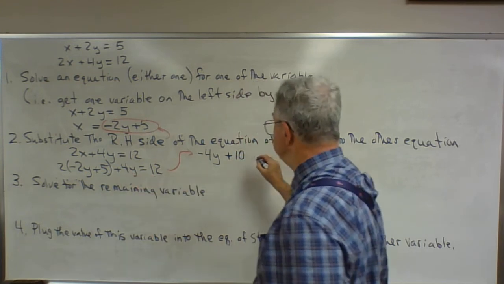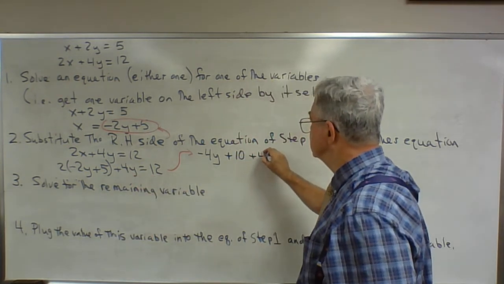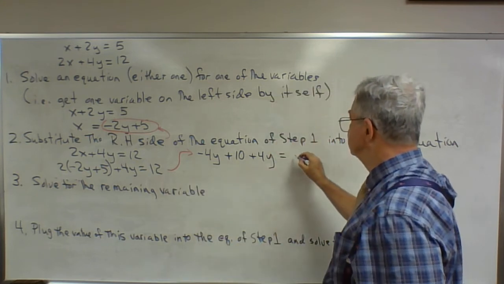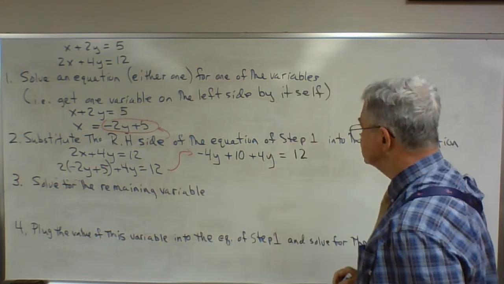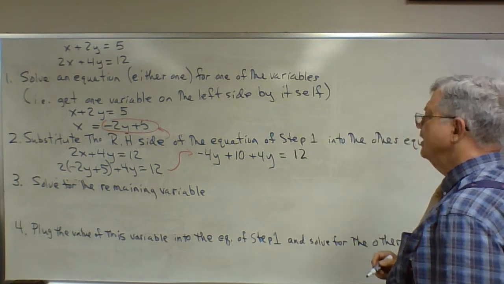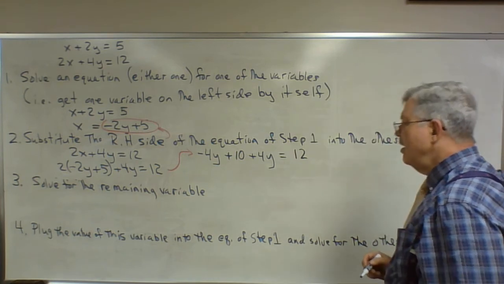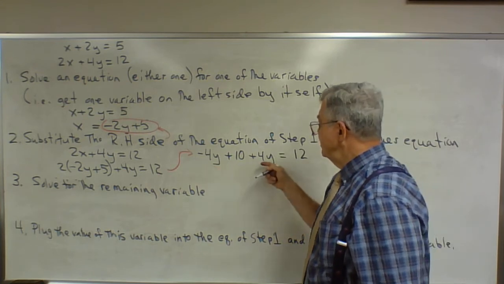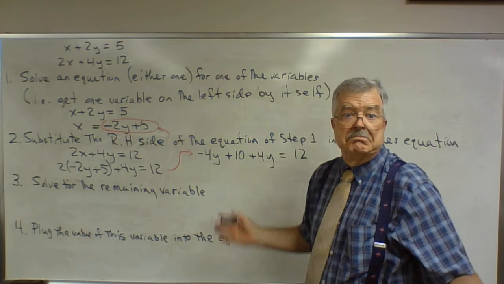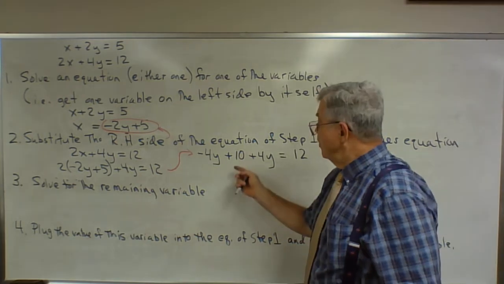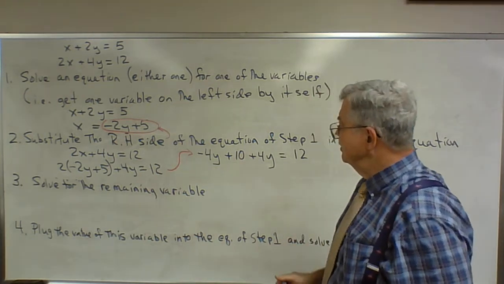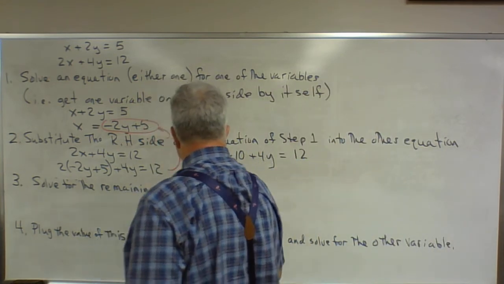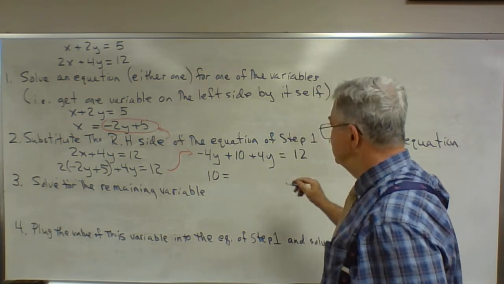Plus 4y equals 12. Oh, look at that. We have negative 4y plus 4y. That's 0, right? So all we have left on the left-hand side is 10. And on the right-hand side, we have 12.